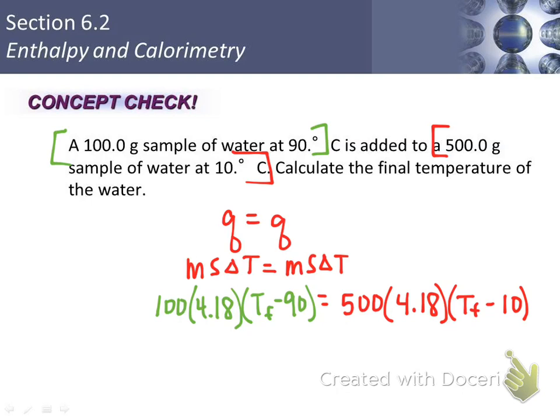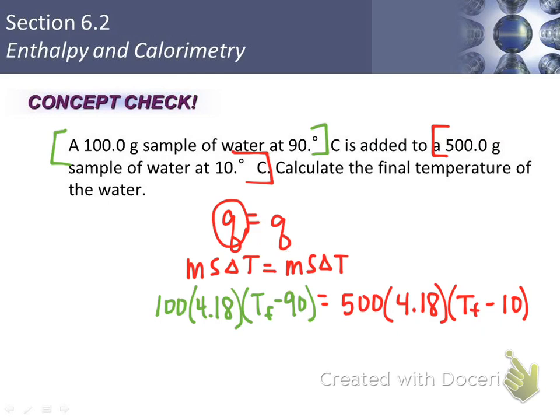So why do you put them equal to each other? Because this thing is going to become some equilibrium. They're going to have the same final temperature, since they interact and they're in one container. So we act like the energy lost from one is equal to the energy gained by the other.